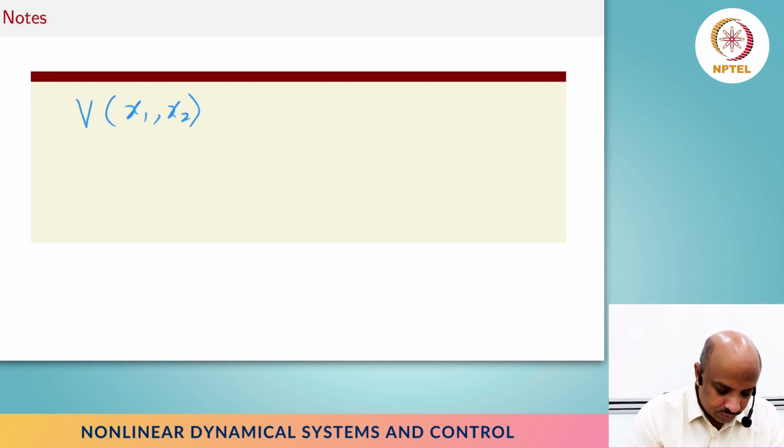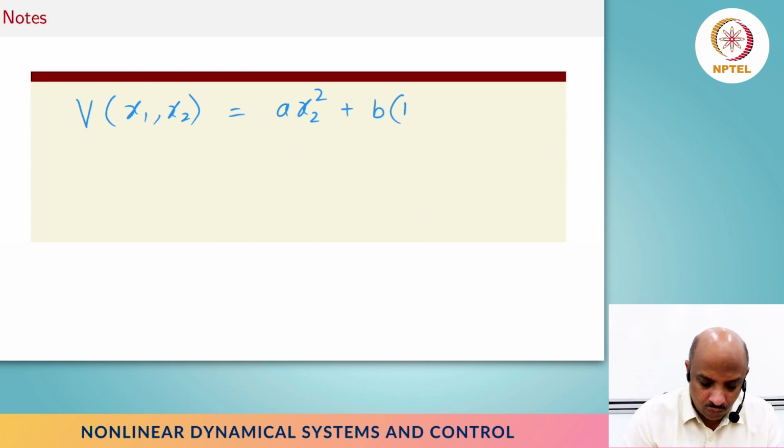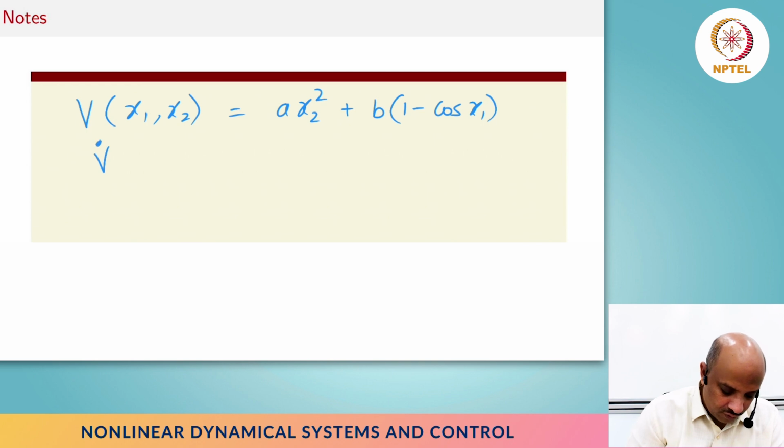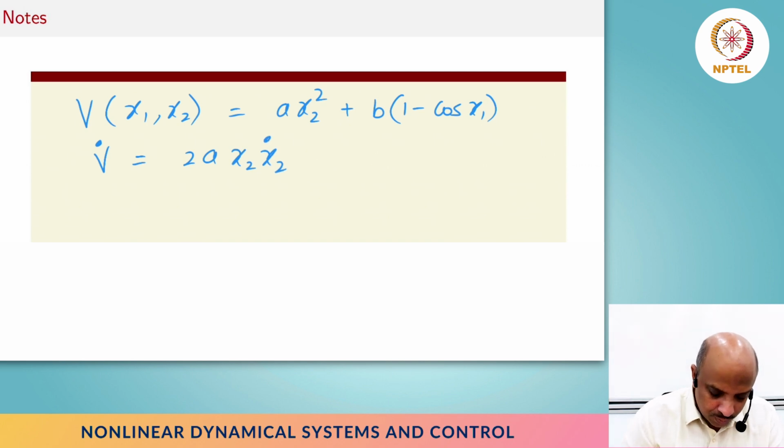So perhaps, because of the sine there, we can try something like a times (1 minus cosine of x1). And then when we take V dot, we will get 2a x2 x2 dot, actually plus b x1 dot sine of x1.